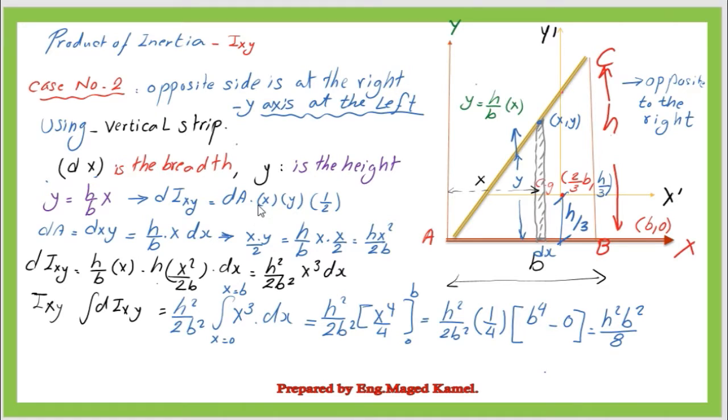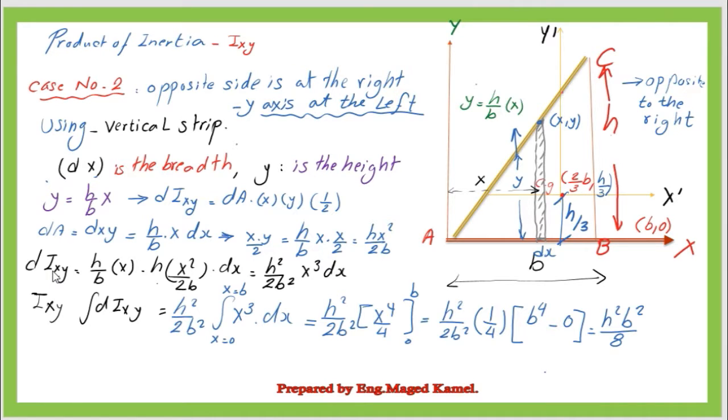While for x multiplied by y over 2, we will adjust that equation. It will become h over b multiplied by x, all multiplied by x over 2. It will become hx squared divided by 2b.